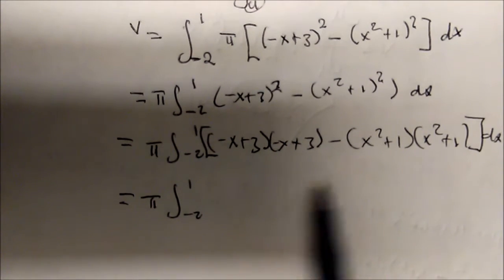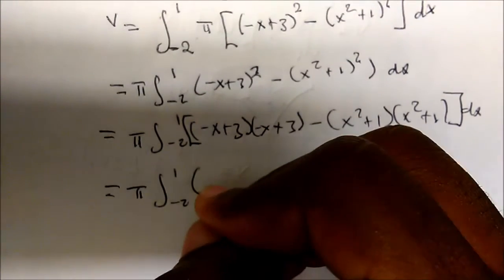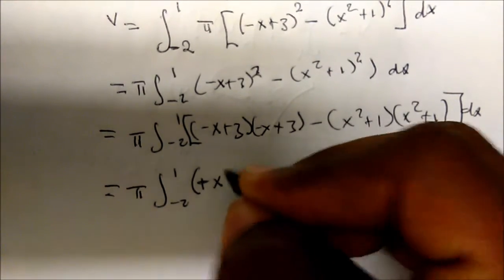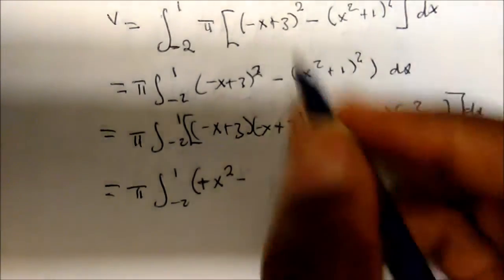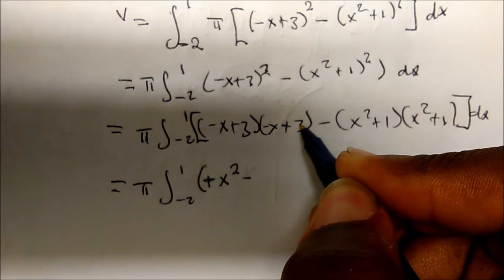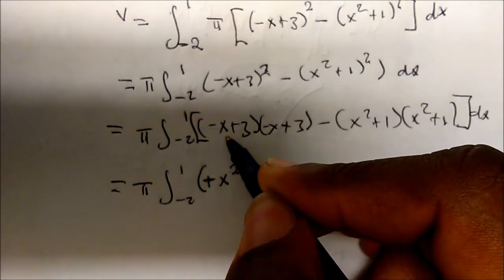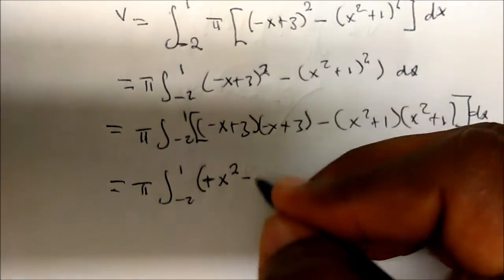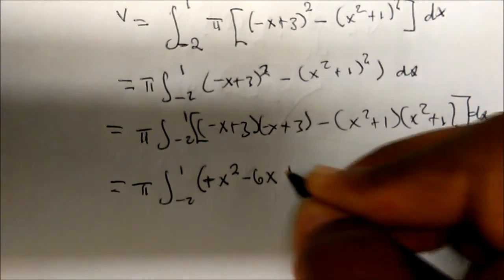If I distribute, I get negative x times negative x, a positive x squared, minus 3x minus 3x is just minus 6x, plus 9.